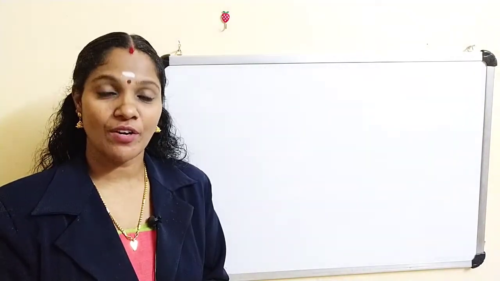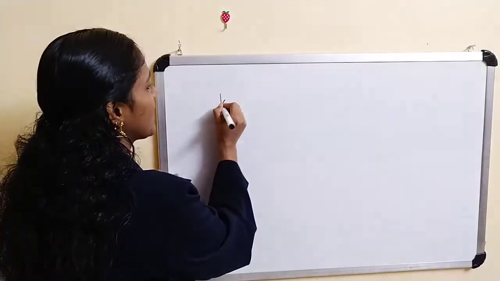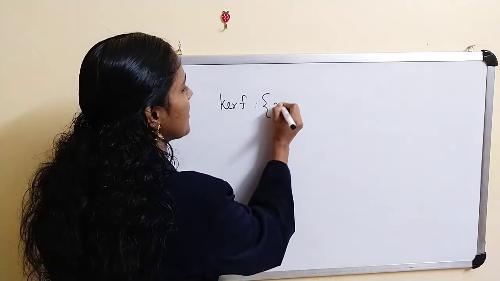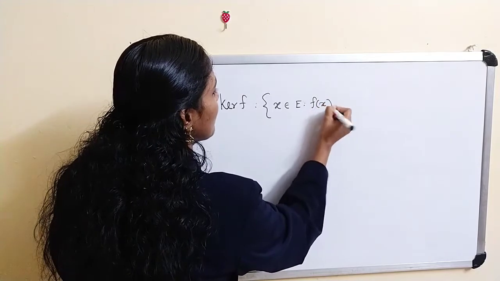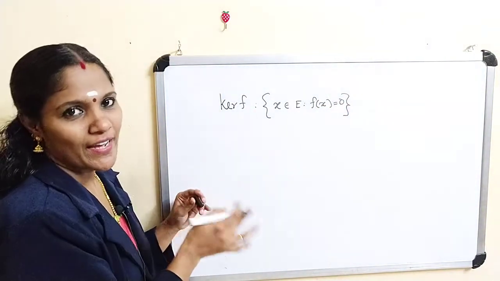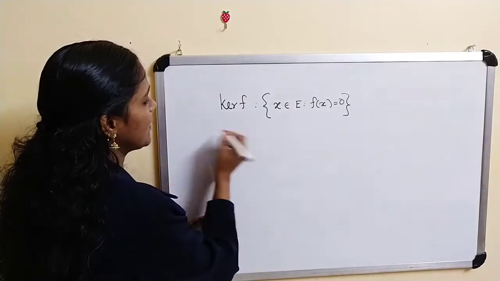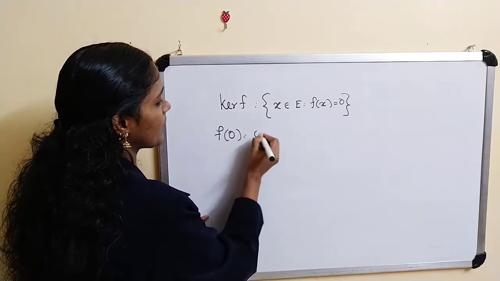Next is the definition of the kernel of a linear functional. It is denoted by kernel f, the set of all x belongs to E such that f of x equal to 0. Clearly, as f is a linear functional, f of 0 equal to 0.